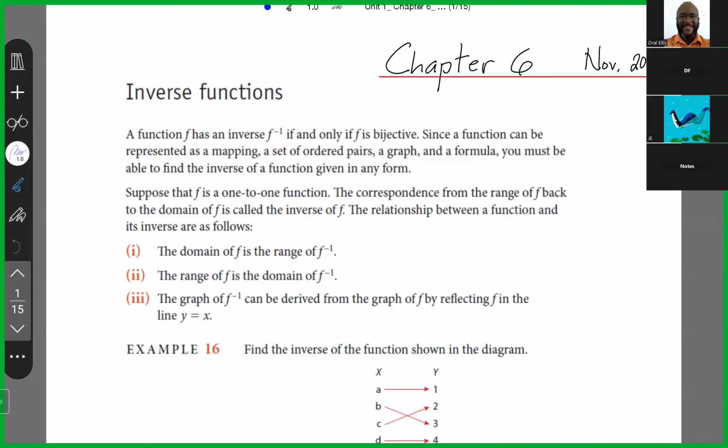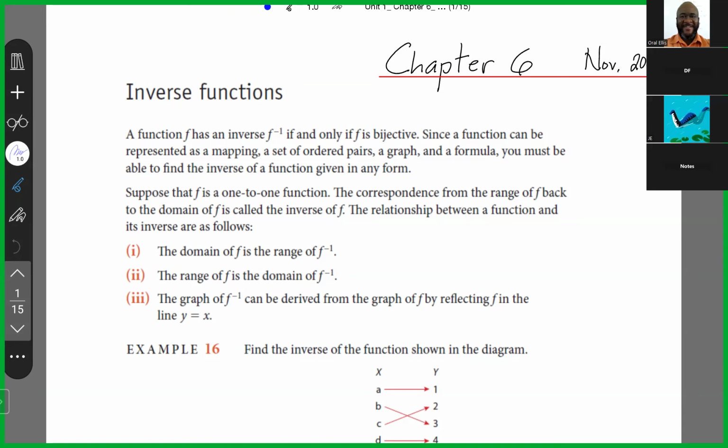So if you have a function represented as a mapping diagram, and it is a one-to-one function, an injective function, a surjective function, a bijective function, and you interchange the range and the domain values, meaning that the domain becomes the range and the range becomes the domain, the resulting arrow diagram or mapping will be the inverse of the function.